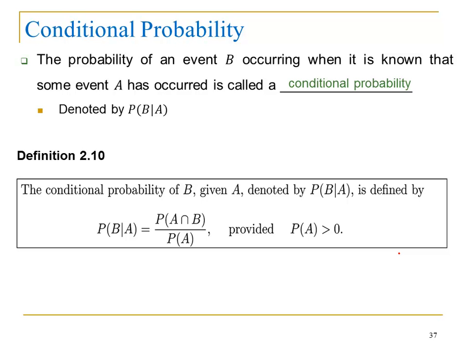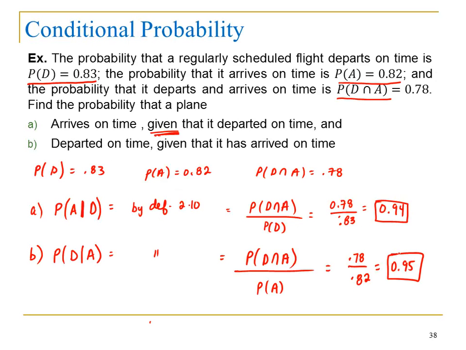So I'm just providing you with the definition. We can discuss that later, and it will make more sense. Any other questions? Okay, good. So make sure that you follow the definition. Always remember that the given fact is the denominator. And that's why here, departed on time is that given event, so we use the probability of D as the denominator, same thing here.